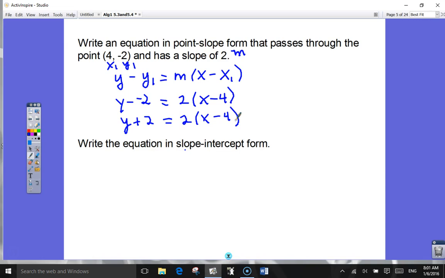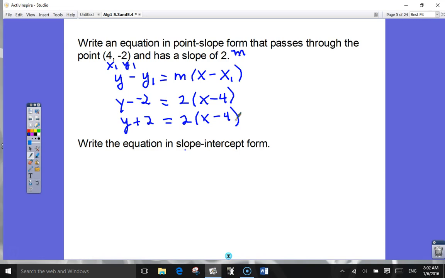How do you put an equation into slope-intercept form? 3 words. Generally, solve for y, right? That's how you do it. So in the end, let's solve that for y and then simplify everything that we can.